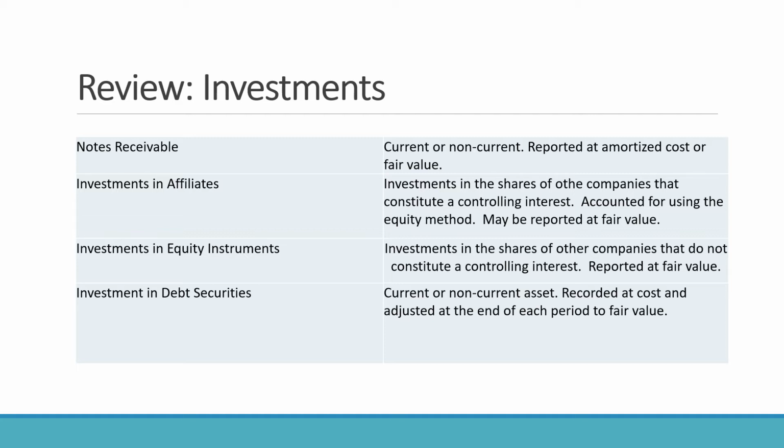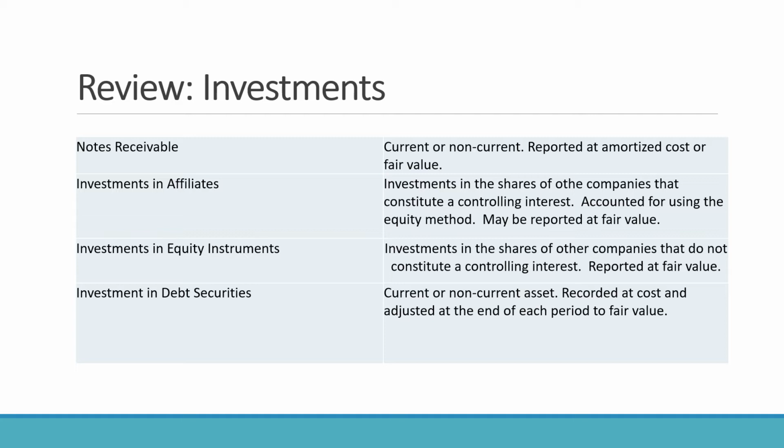In those cases, they are not going to be selling those shares in the short run. They are going to be long-term investments. So investments in affiliates or associates are typically going to be accounted for using the equity method, and they may be reported at fair value. The default treatment is equity method, but companies do have the option to report them at fair value.